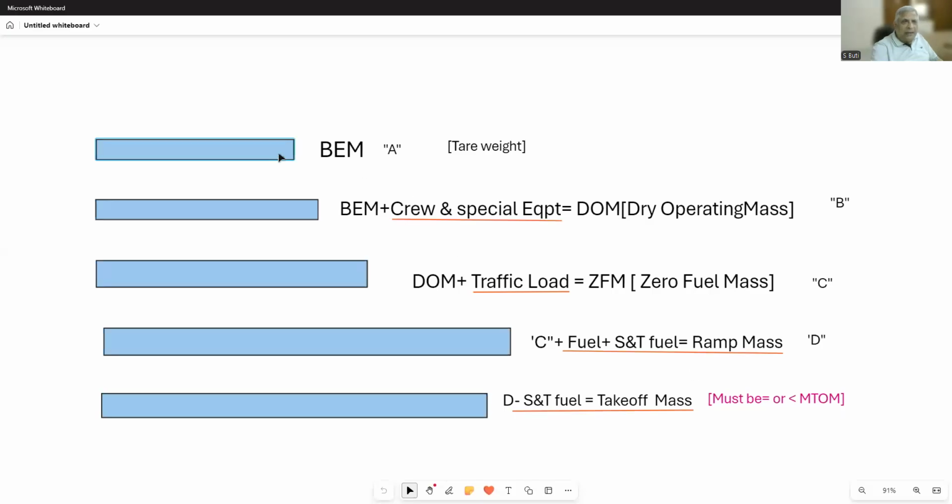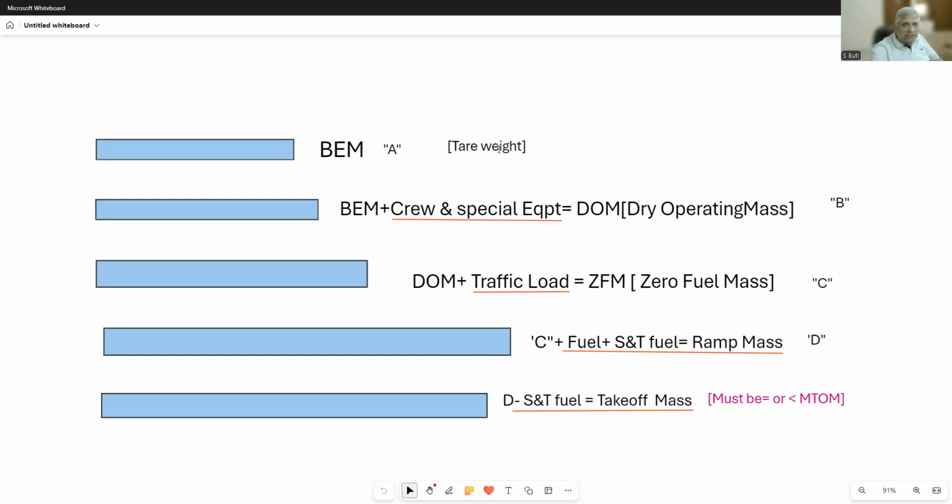Let's understand a few terms, maybe some of them you may be hearing for the first time. Do note them if you like. To start with, there is just that basic aircraft and whatever it contains or is carrying, like lubricants, fuel which is in the pipelines, etc. That is called the basic empty mass of an airplane.